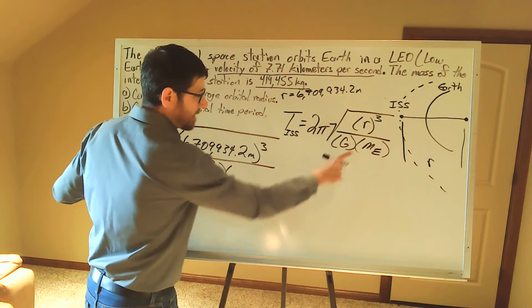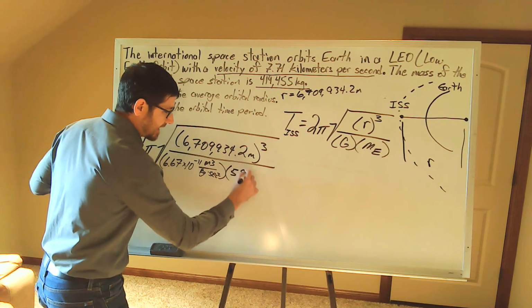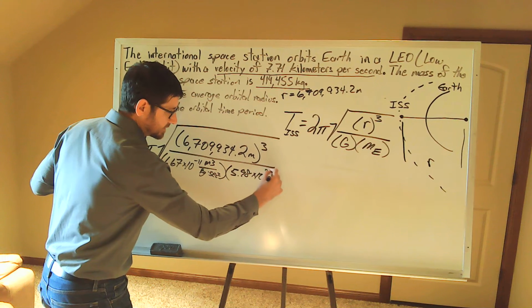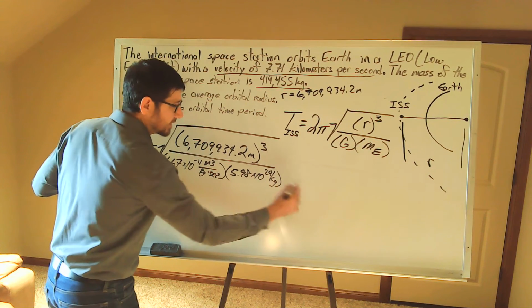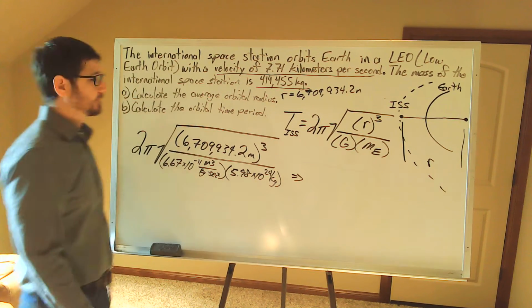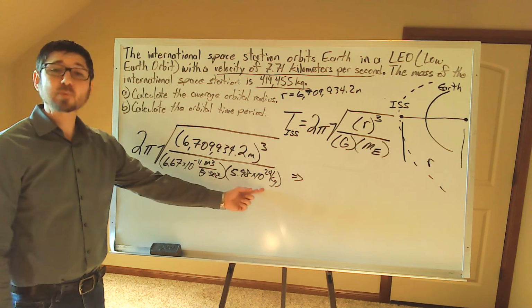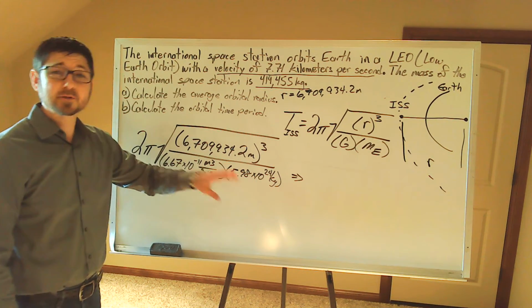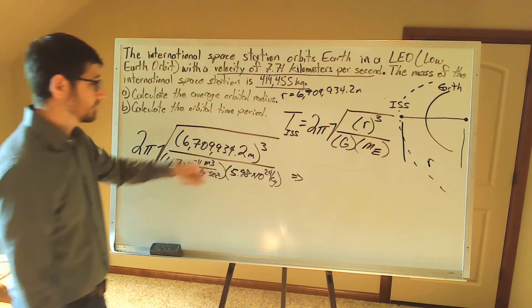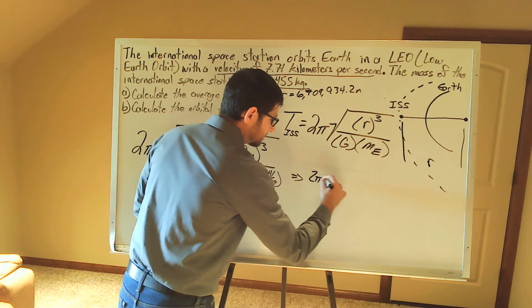We're going to multiply that by the mass of the Earth, 5.98 times 10 to the 24th kilograms. So in step number 1, I want to cube my numerator, and then I want to take the product of my denominator, and I'm going to put that underneath the radical. So 2 pi.